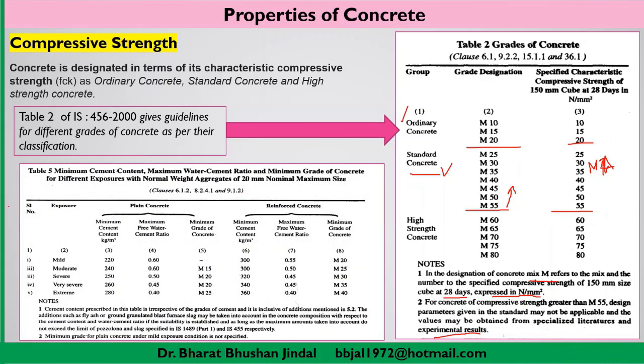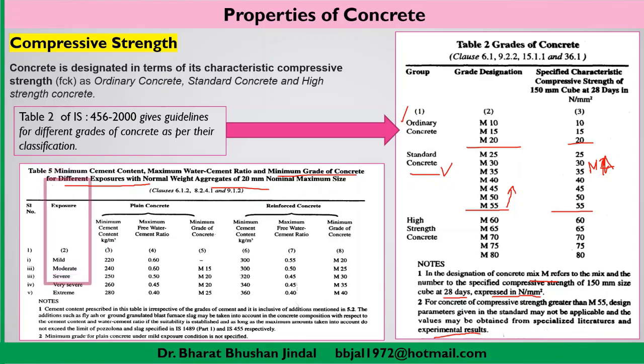Now another very important table in IS 456 is table number 5. Now what information is in table number 5? Minimum cement content required, maximum water cement ratio, minimum grade of concrete. So we are more interested in the minimum grade of concrete for different exposure conditions with a normal weight aggregate of 20 mm nominal size.